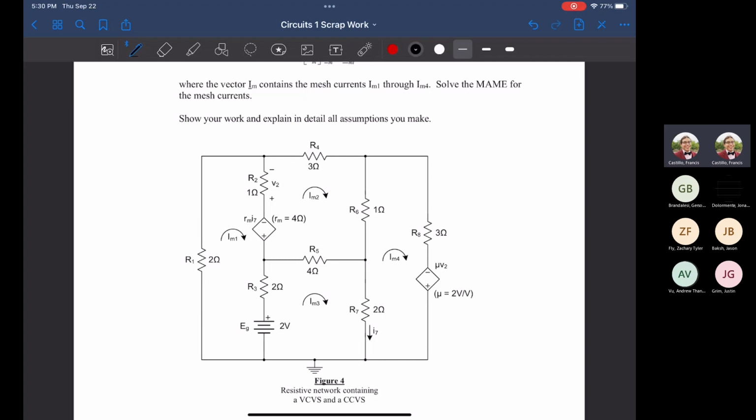The difference, though, is he will usually not give you the option of regulating your meshes. Why? Because he wants to test your understanding, not if you can set it up right, but if you can go through the motions of it correctly. So we're going to go through and just start doing the mesh analysis.